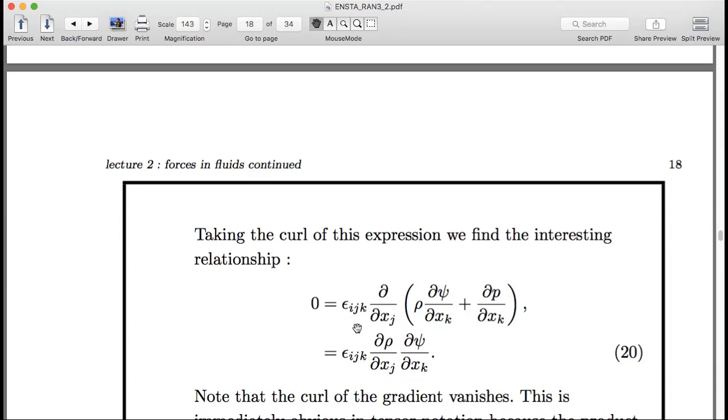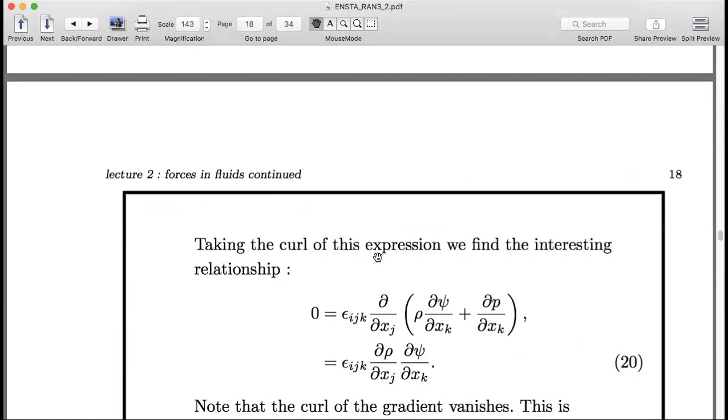This thing's quite flexible. If I want the ith component of the curl, which is a vector result, I can take epsilon ijk times d by dxj applied to this quantity with index k.